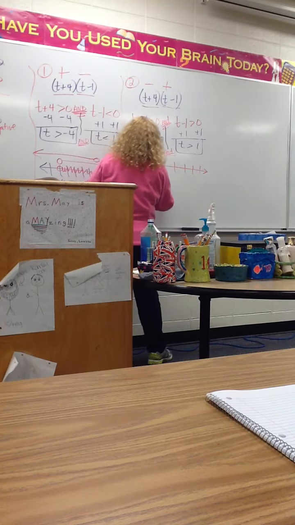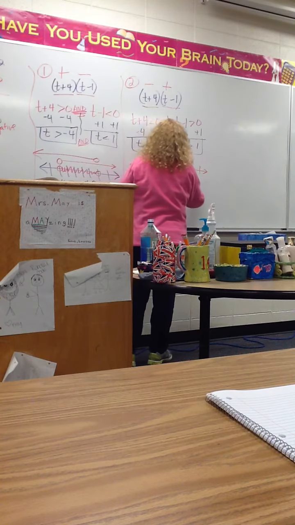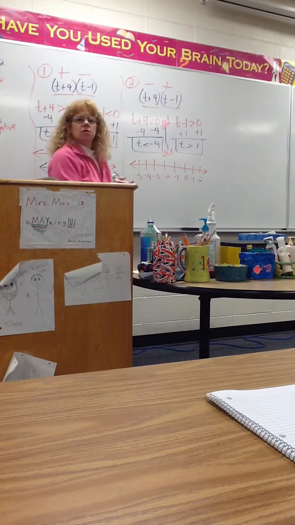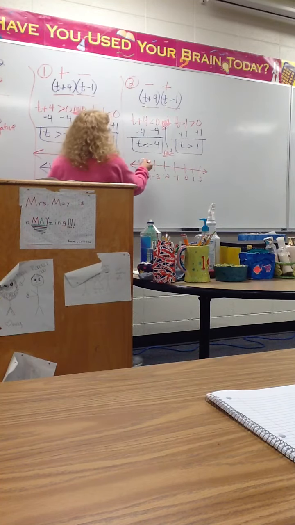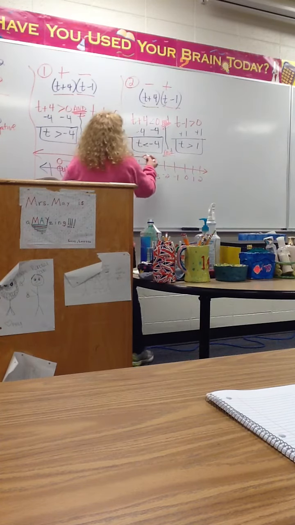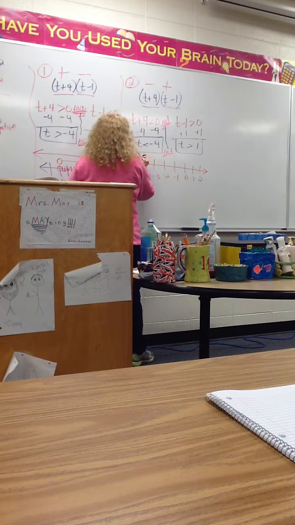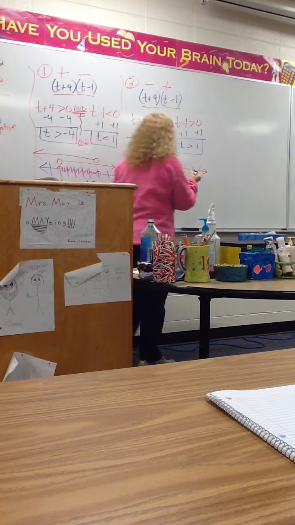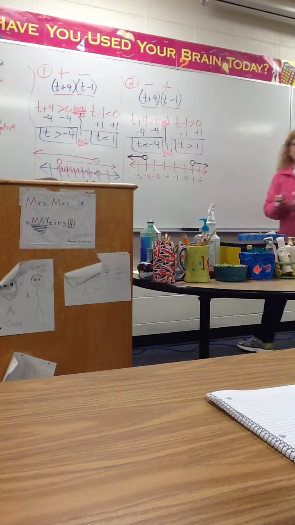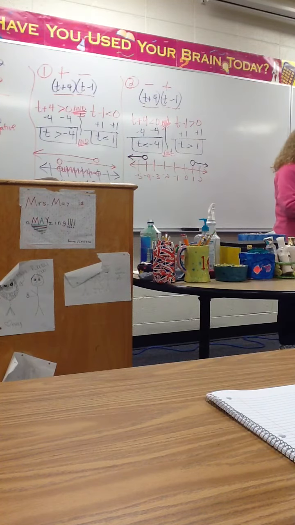Less than negative 4, to the left. Greater than 1, to the right. Where do they overlap? It's an and. So don't say no solution.